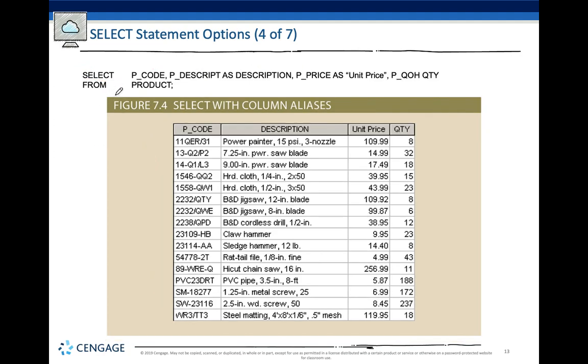Now here's another example of labeling one of the columns as unit price, right? If you see column names such as P code, you may not know what that means.